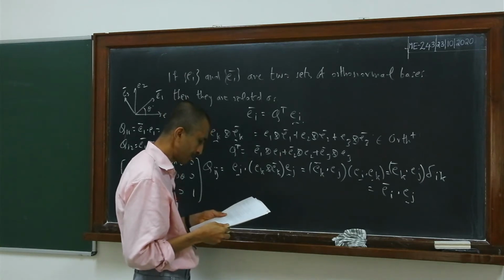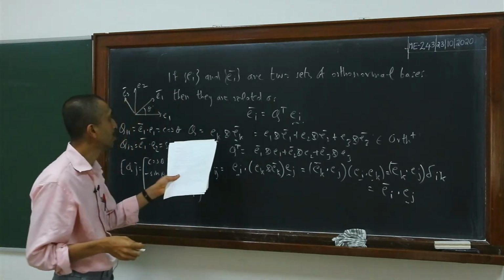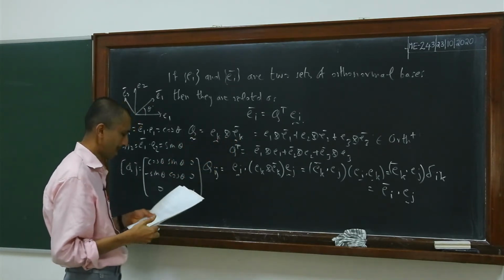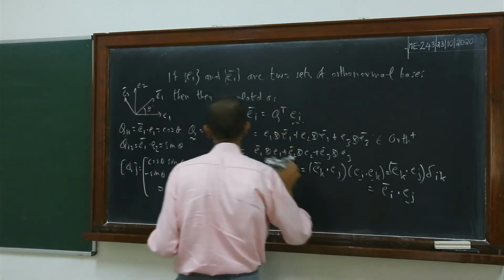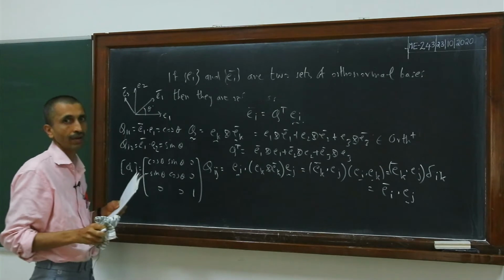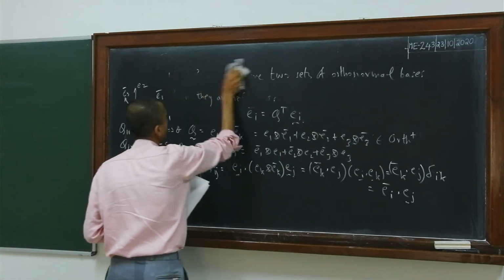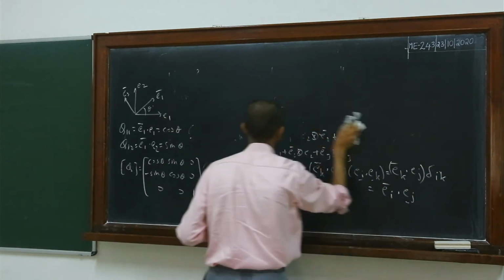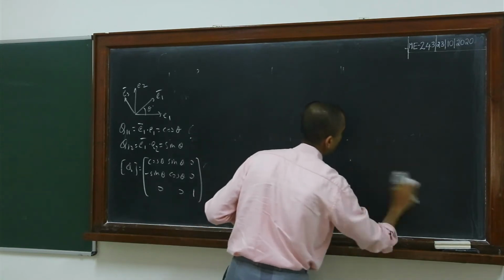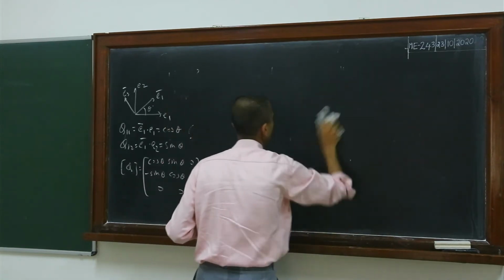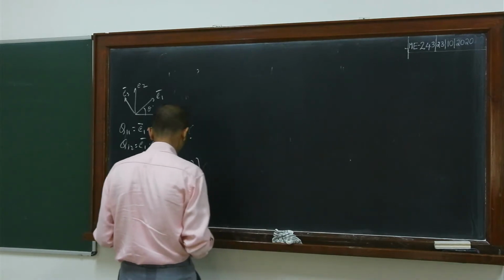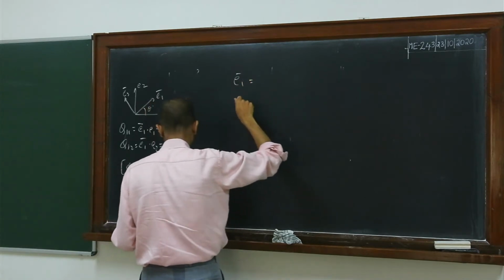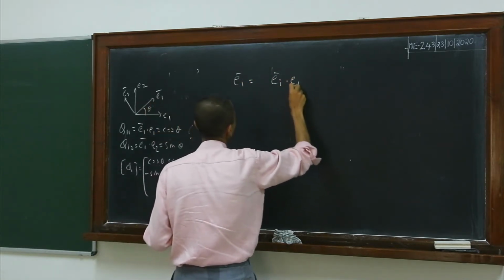Yes, then now using this Q that I have introduced here, this Ek dyadic Ek bar, now we can write the transformation law for the components of a vector and also for a second order tensor. So let us look at that now. I can write now that Ei bar is equal to Ei bar dot Ej times Ej, right?